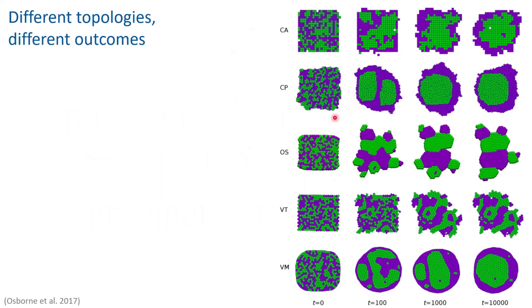This is the spherical representation of the cells, or you can have the tessellation or the Voronoi type of representation of cells. If you run, for example, this aggregation and separation experiment, you can have very different results, assuming the same initial condition, depending on the topology or the cell shape you choose.